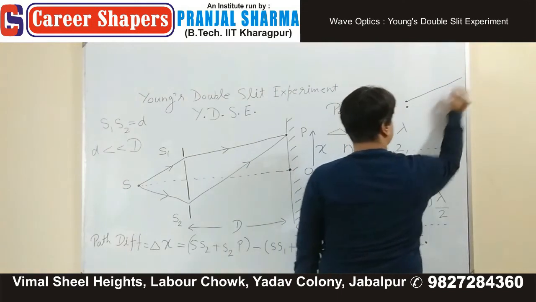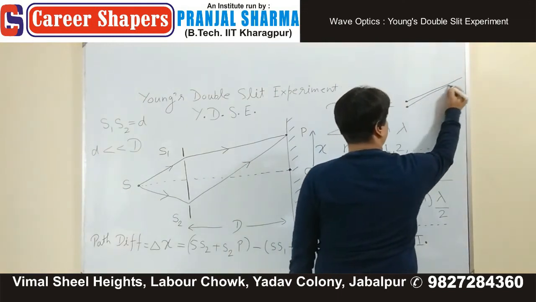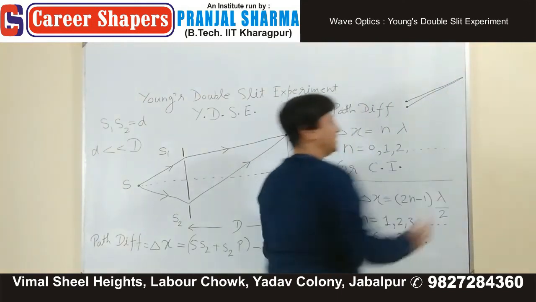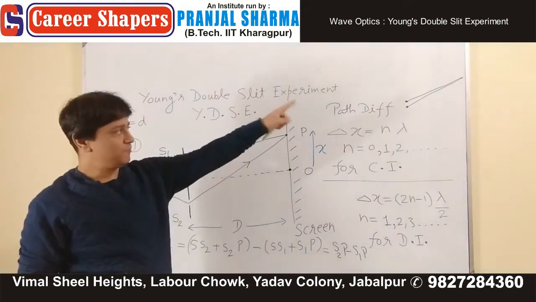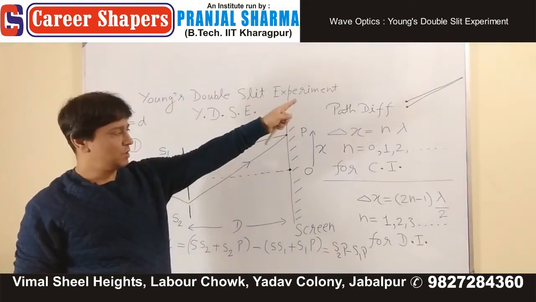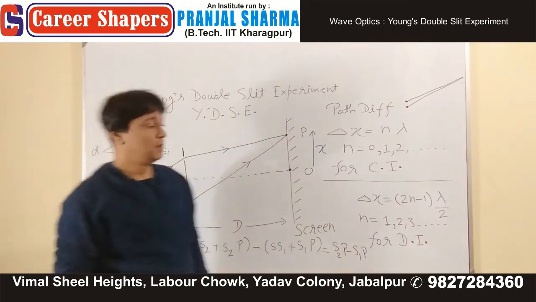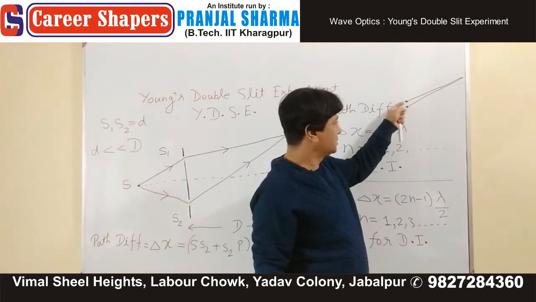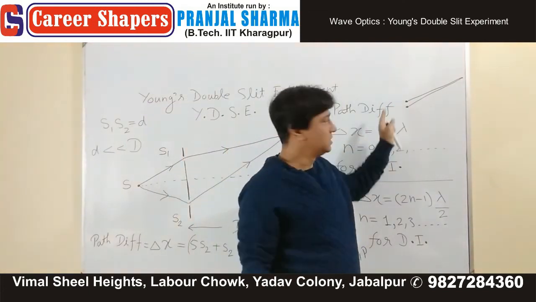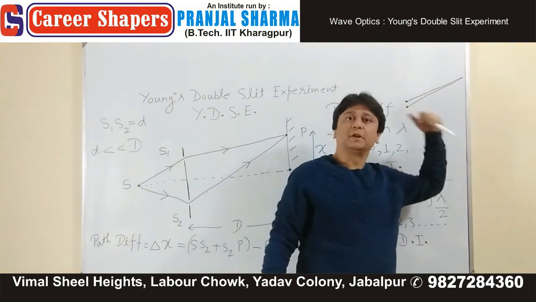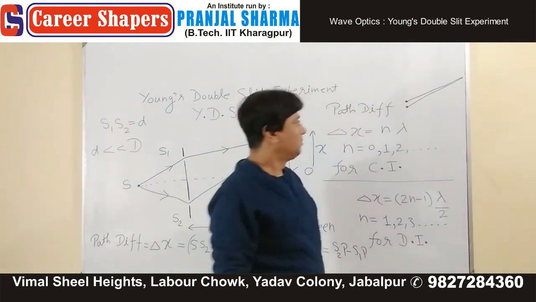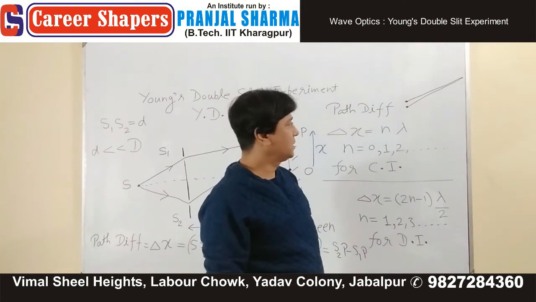And there is a point on the screen where you are getting these two light waves. Light waves are reaching from S1 and S2 at that point. In reality, this separation is even less and this is even larger. But you will get an idea about it.